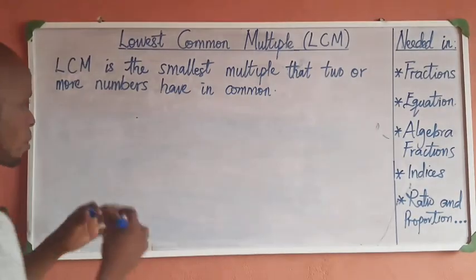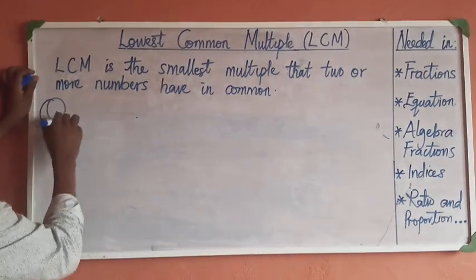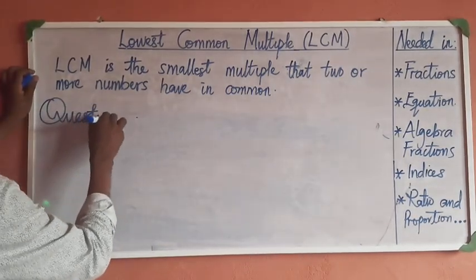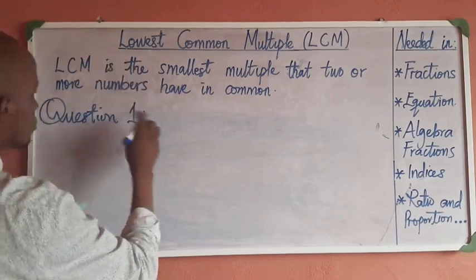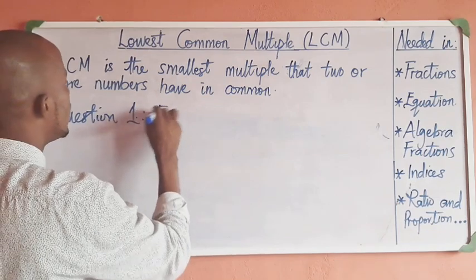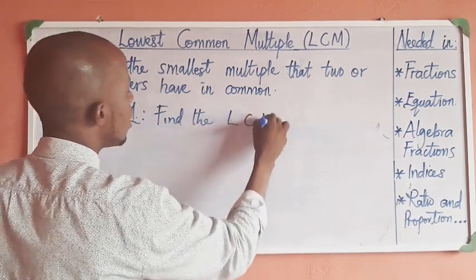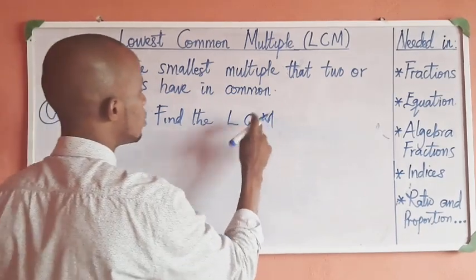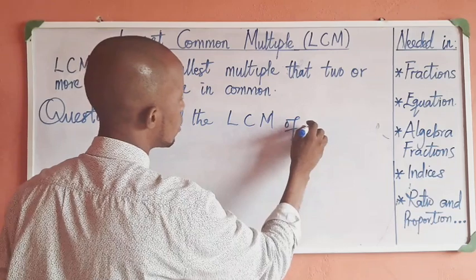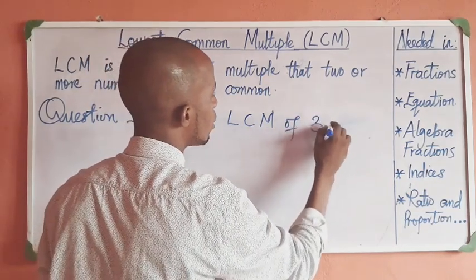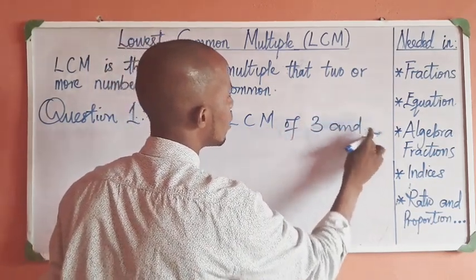Assuming we are given this question, I call it question 1. Find the LCM, lowest common multiple, of 3 and 6.